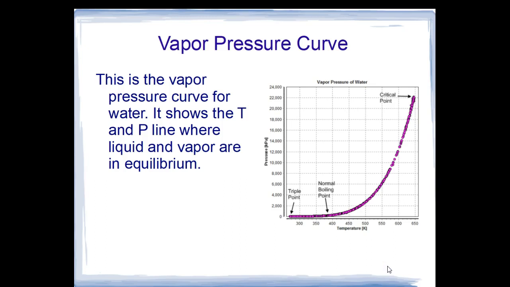This is a vapor pressure curve, and specifically for water, and it shows the temperature and pressure line where liquid and vapor are in equilibrium. You're familiar with that from even first-year chemistry. Water and vapor are in equilibrium at every point on this line.